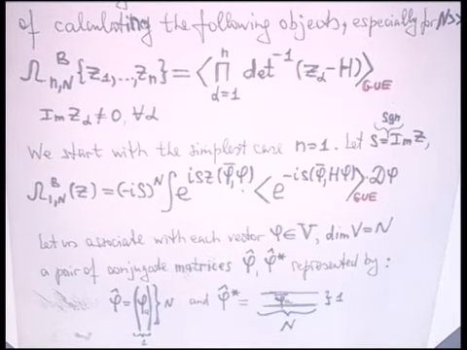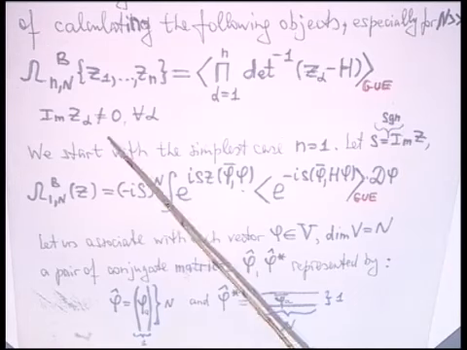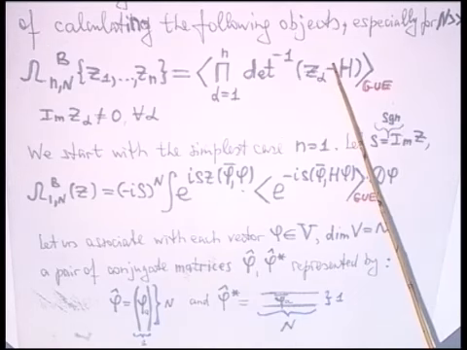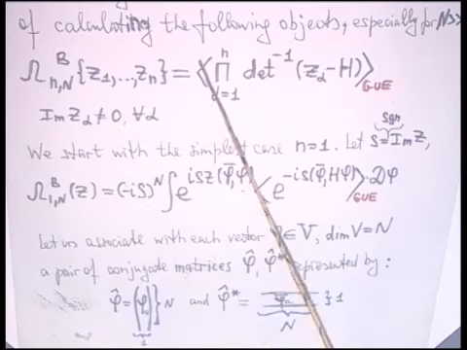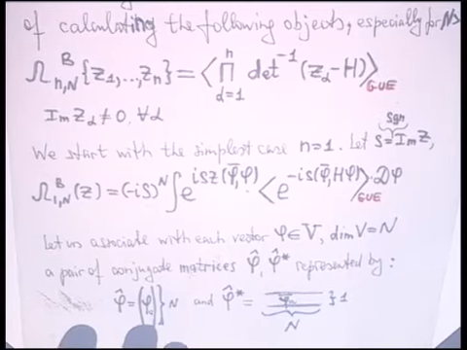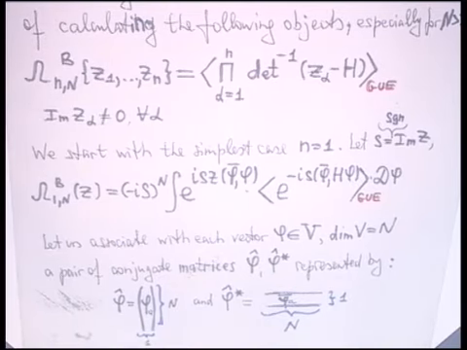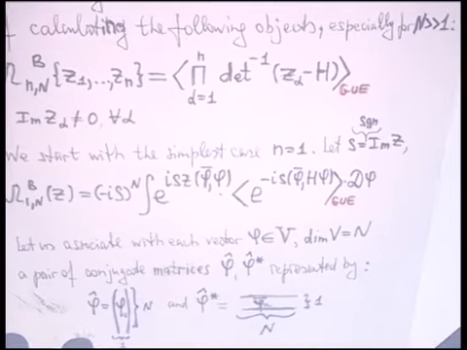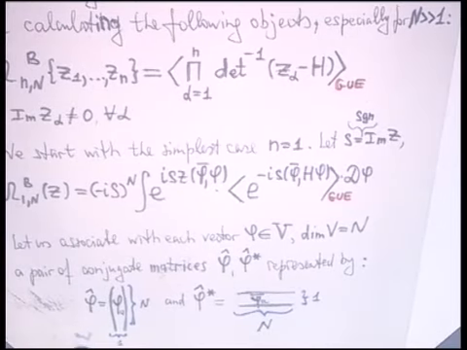An important thing is that I will consider all imaginary parts of all these z's to be non-zero, in order to be able to use the representation of the inverse determinant in terms of a Gaussian integral that we discussed already. So let us start with the simplest possible case.